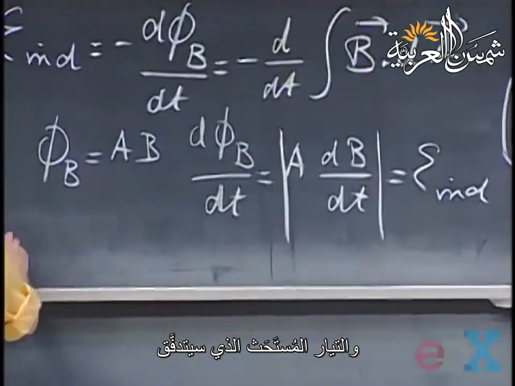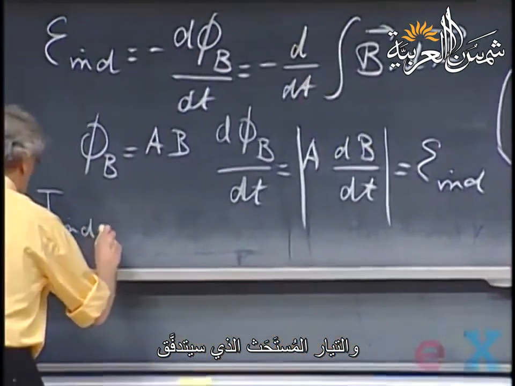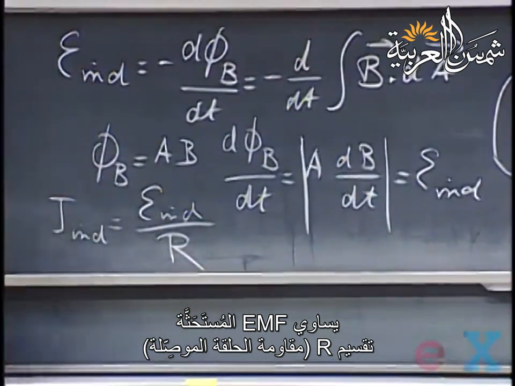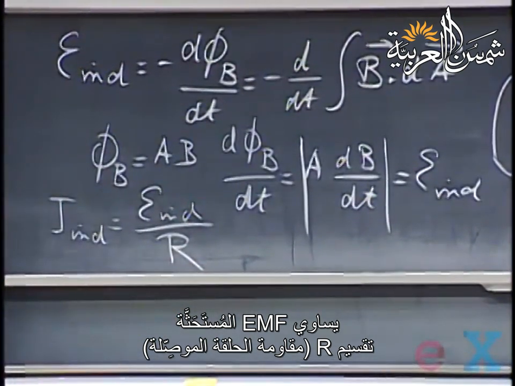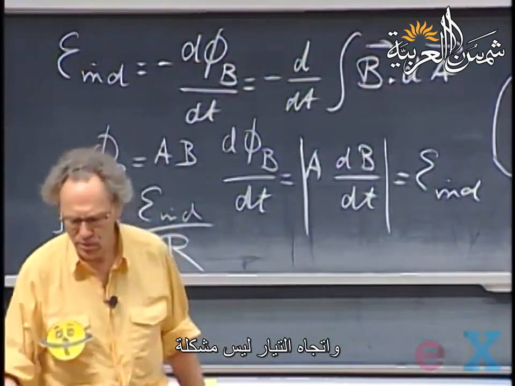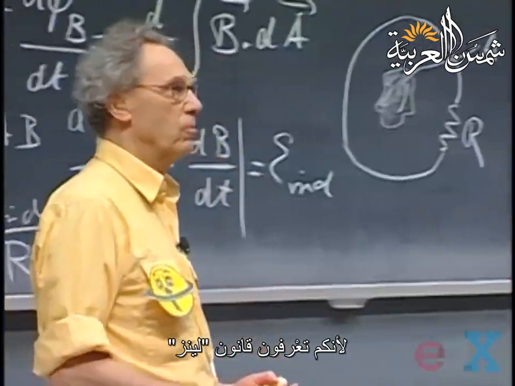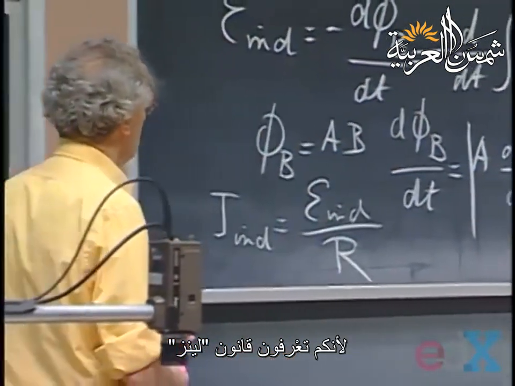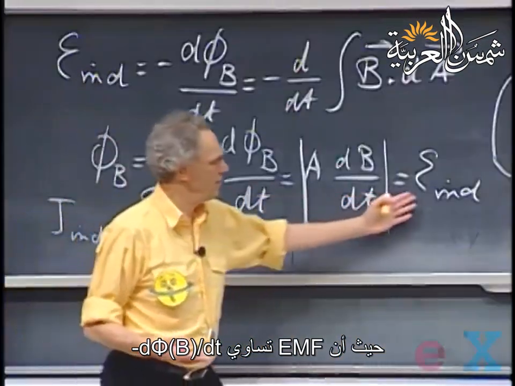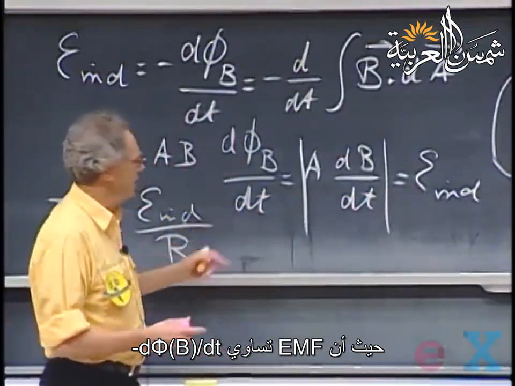And so the current that is going to flow, that is the induced current, is the induced EMF divided by the resistance of that whole conducting loop. The direction is never an issue because you all can handle Lenz's law. Notice I didn't even put a minus sign here because the EMF is of course minus dΦ/dt.